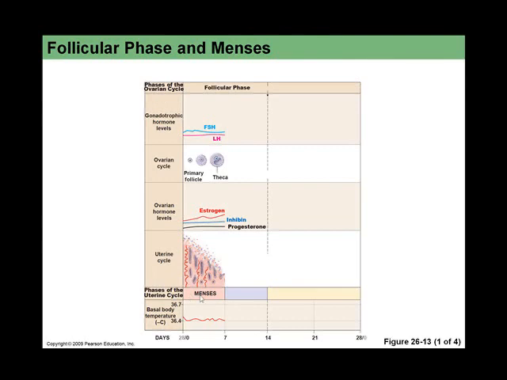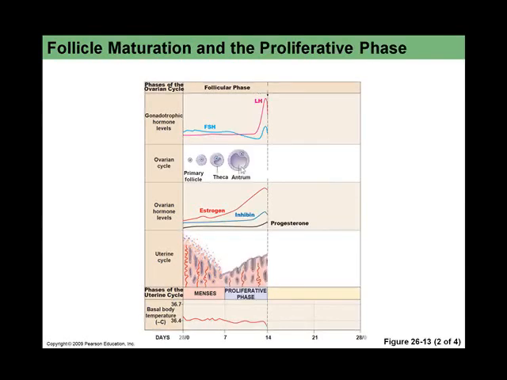They use the term menses. I refer to it as the menstrual phase of the uterine cycle. The collective set here is the menstrual cycle, and the body temperature is being traced as well.